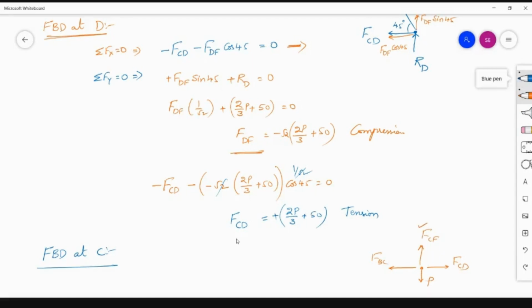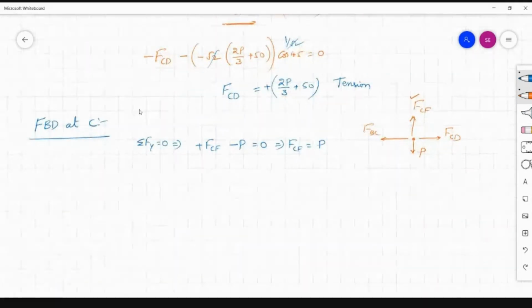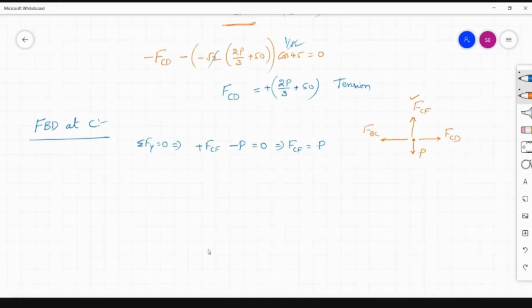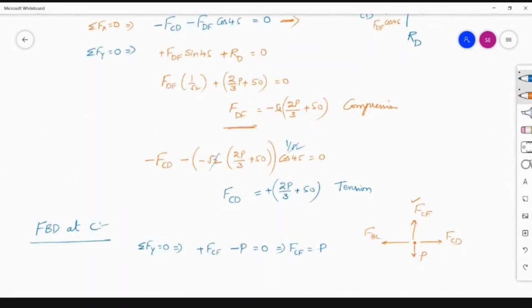That's why I will take sigma Fy equal to 0. So plus FCF minus P equal to 0. So FCF is equal to capital P. If this is completed, we'll move further. Just give a response.